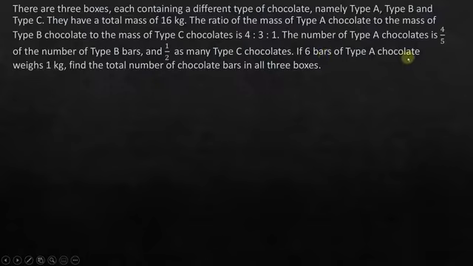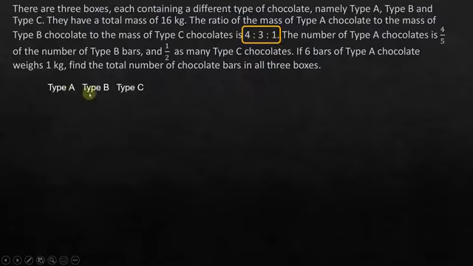If 6 bars of type A chocolate weighs 1 kg, find the total number of chocolate bars in all 3 boxes. So here again, we start with a point where we know the relationship between all the 3 quantities that are involved, type A, type B, and type C. See, type A, type B, type C are in the ratio 4:3:1.